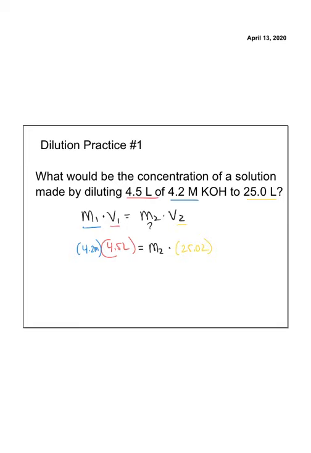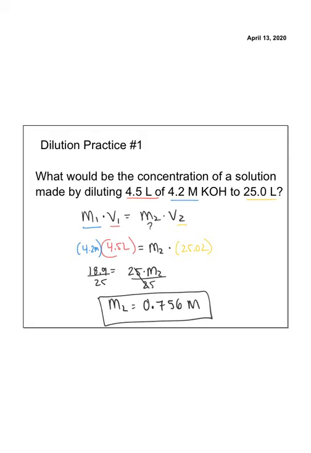So let's solve. We're going to take 4.2 times 4.5. That gets me 18.9 equals 25 times M2. Divide both sides by 25. So 18.9 divided by 25 gives me my new molarity, which is 0.756 molar. So that is the diluted molarity, or the diluted concentration.